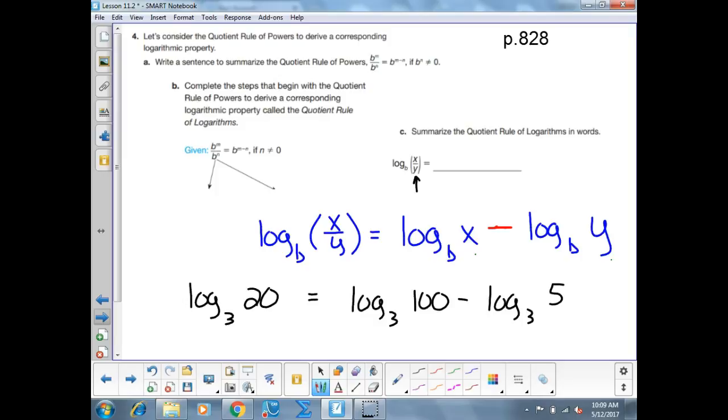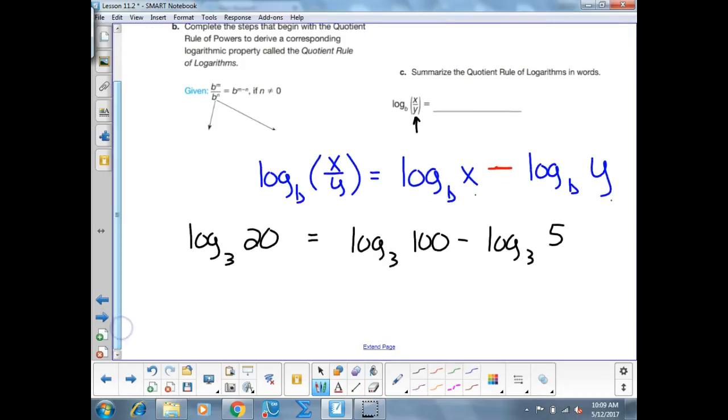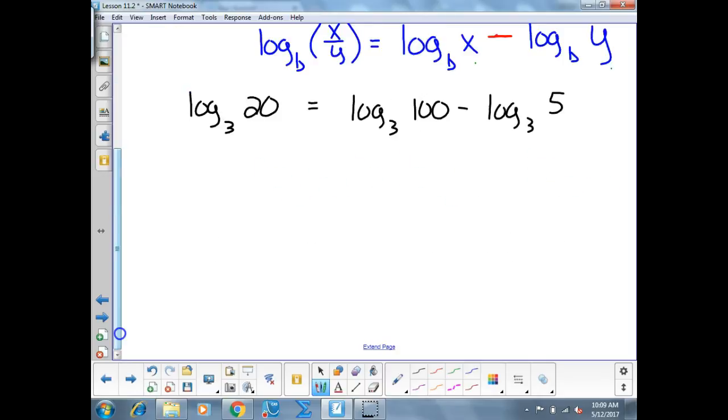Okay? So give me another one. That's equal to log base 3 of 20. Okay, so log base 3 of 60 minus log base 3 of 3. Okay.